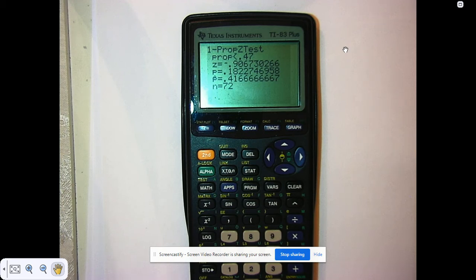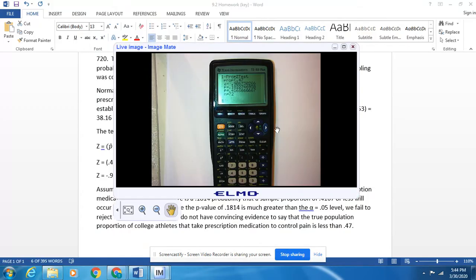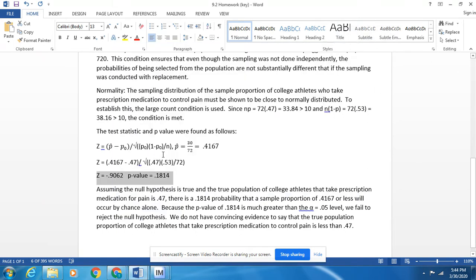Let's go back to our problem and see if those were close. So our z-value is negative 0.9062, p-value is 0.1814, and the p-hat value is 0.4167. So it does all of the numbers for us if we know what we're looking for.